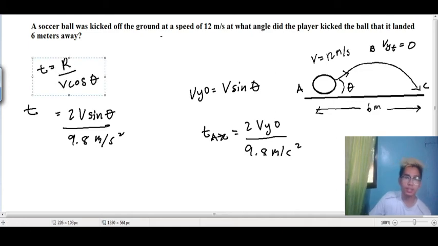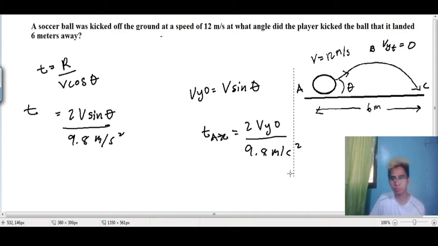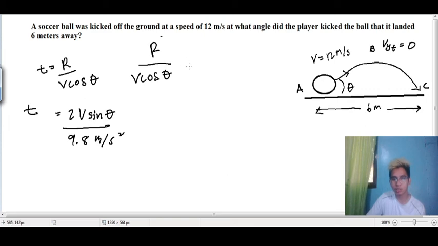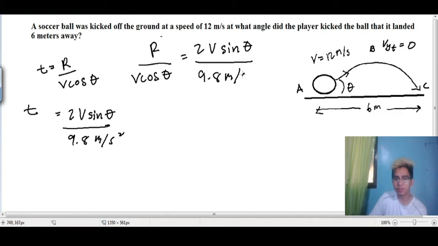So, let us equate the two equations. It will become r all over v cosine theta is equal to 2 v sine theta all over 9.8 meters per second squared.